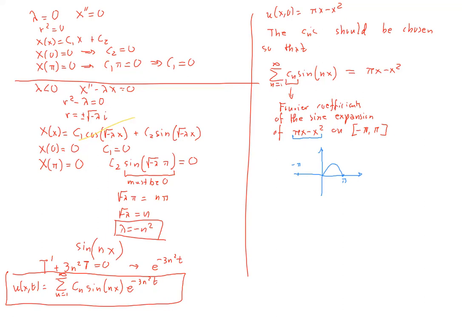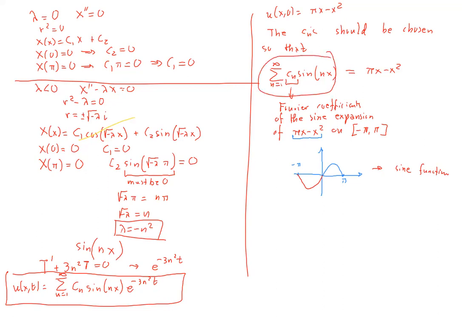Our choice is to choose it so that it's odd. Because once it's odd, it will have a sine expansion. No cosines are needed. And that will make it exactly equal to the sine series that we have on the left right here.